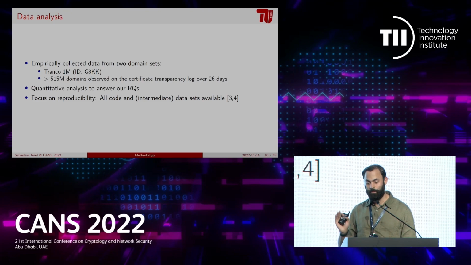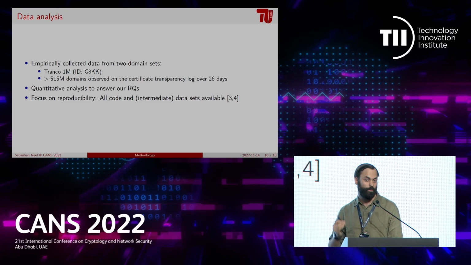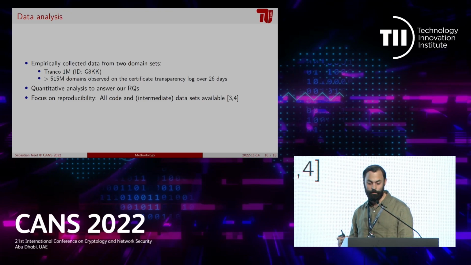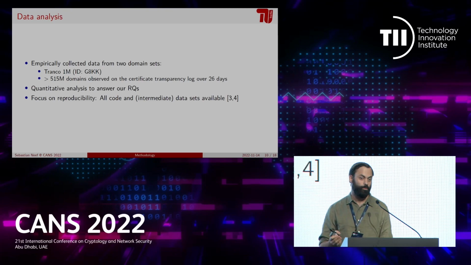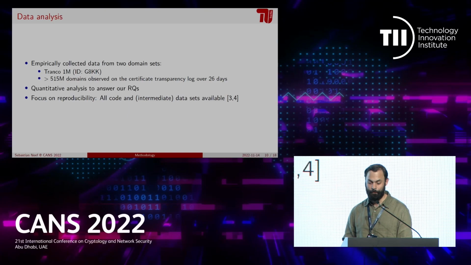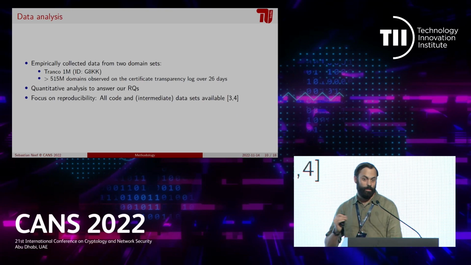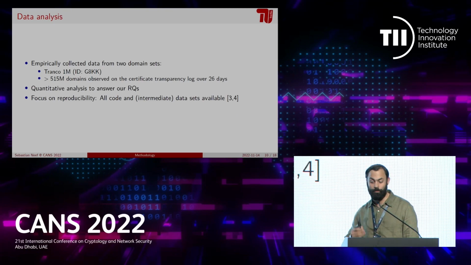And we did that through the certificate transparency log, which we monitored for over 26 days to obtain more than 515 million domains that we scanned for those records. So with that data, we did some quantitative analysis to answer all our research questions, and we had a good focus on reproducibility. So, as I said before, we publish all the code and intermediate data sets to facilitate future research.